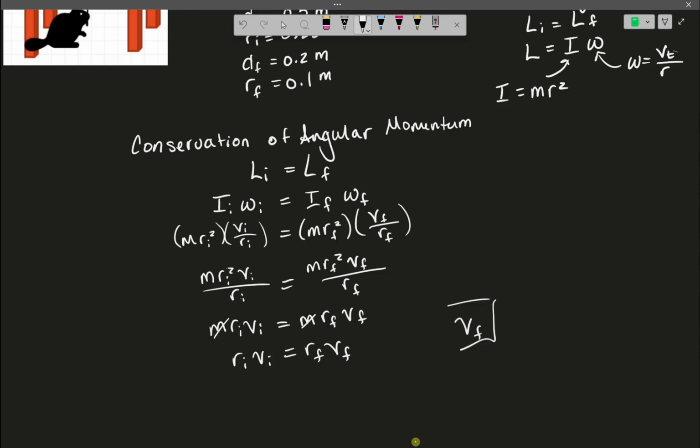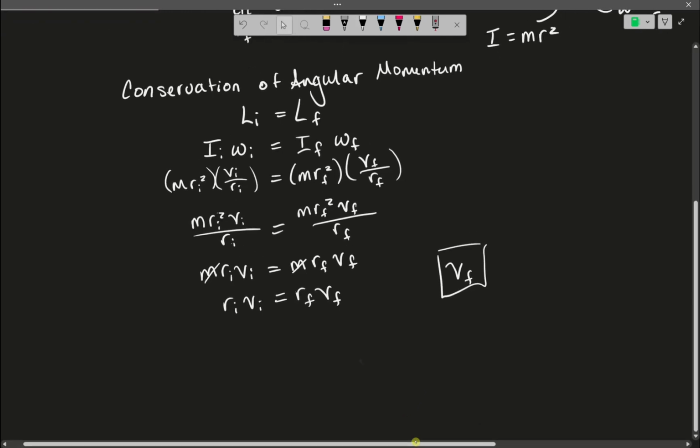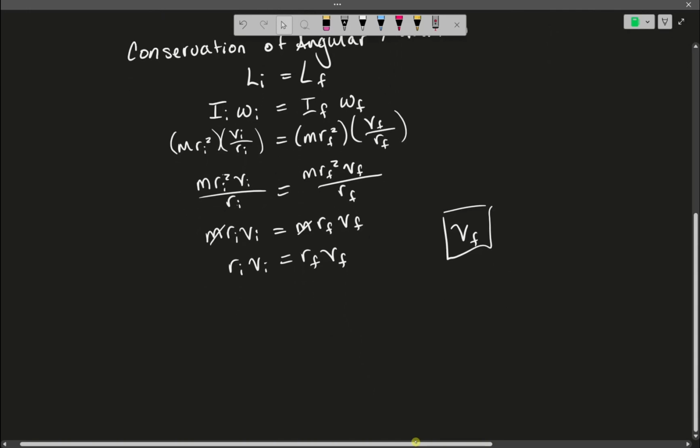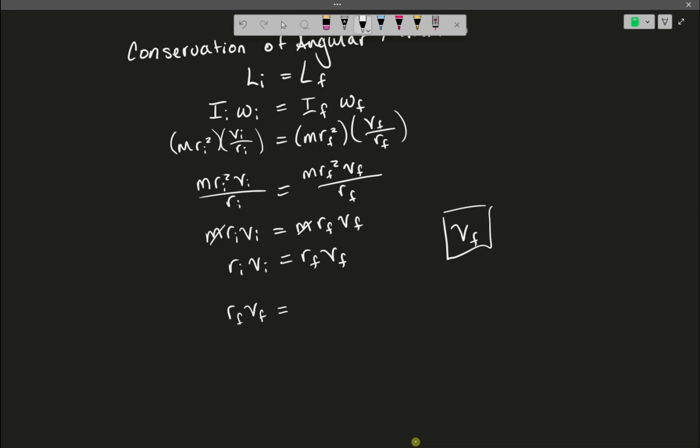And I am solving for final velocity here. So I'm going to flip this equation around so that I get the variable that I'm solving for on the left-hand side. The final radius times final velocity is equal to the initial radius times the initial velocity. And then I'm going to divide both sides by the final radius to come up with this equation.